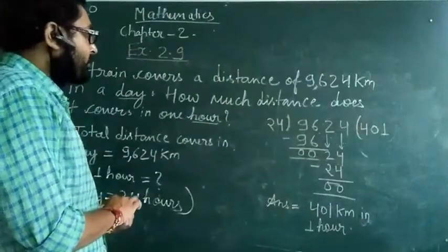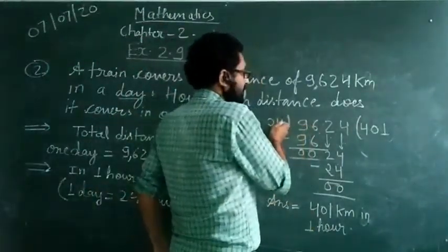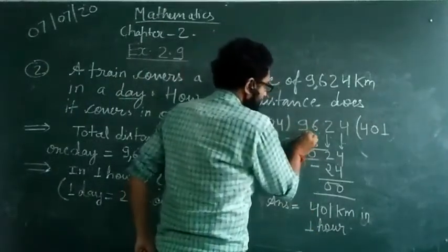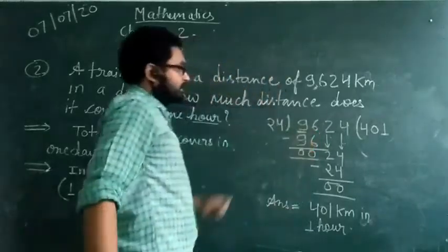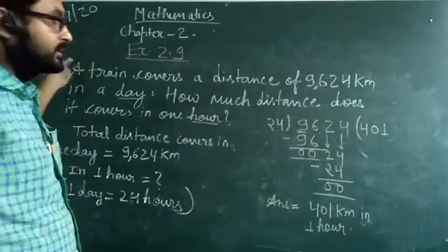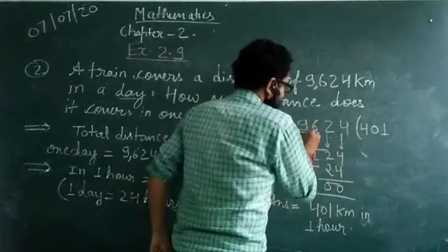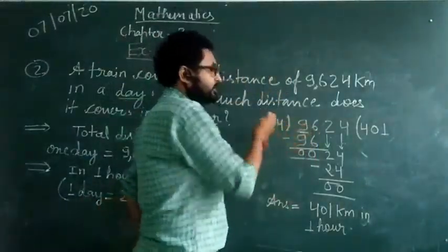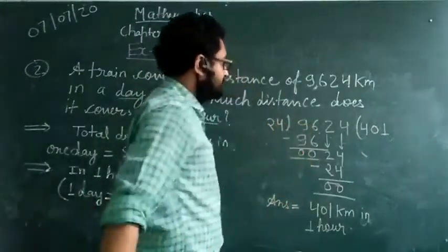Now we divide by 24. According to our previous question number 1, we first look at the first digit. 9 is smaller than 24, so we can't divide according to the rule.